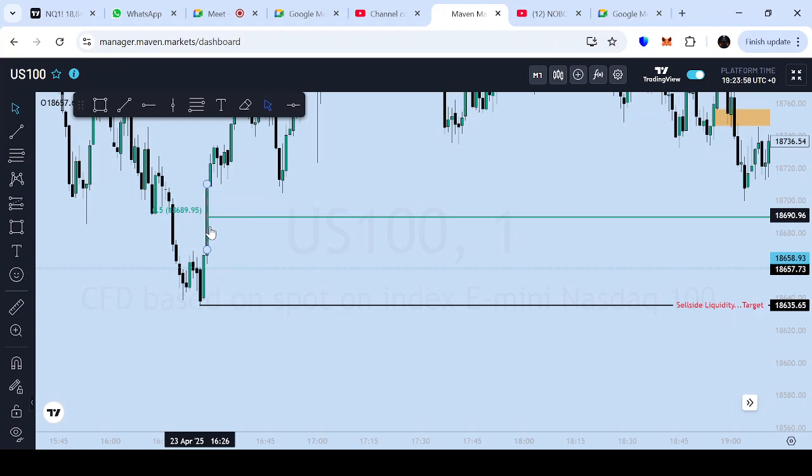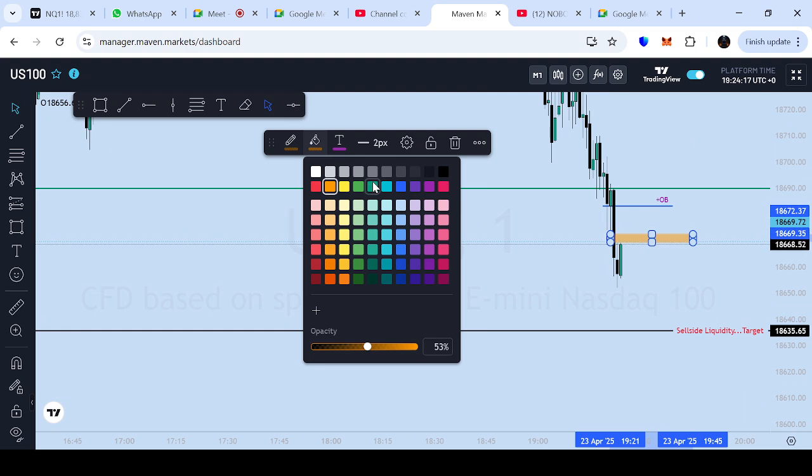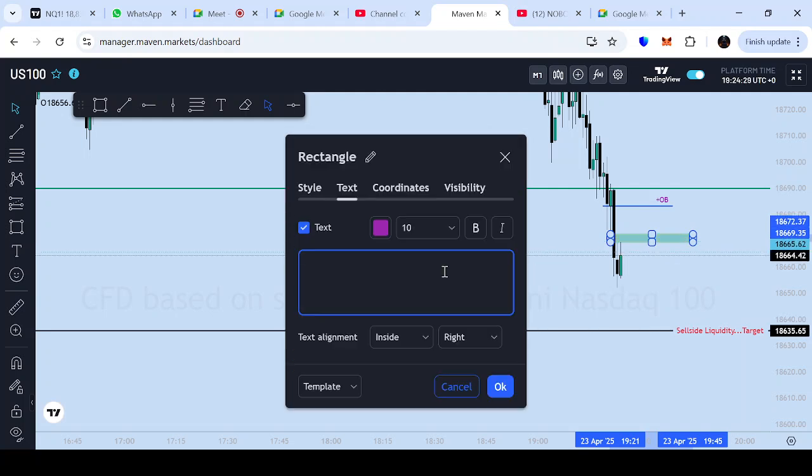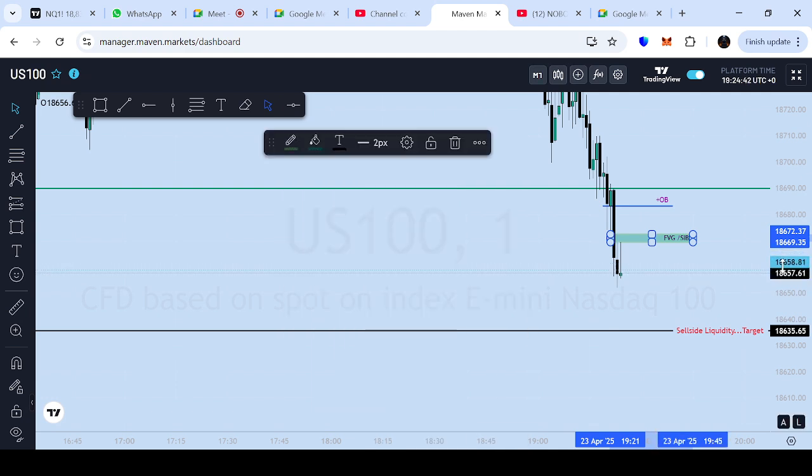This is a fair value gap there. That's CB. Sell side imbalance, buy side inefficiency.